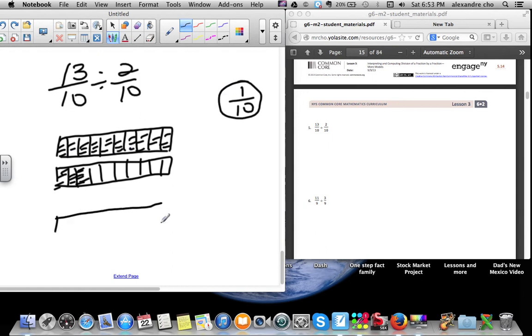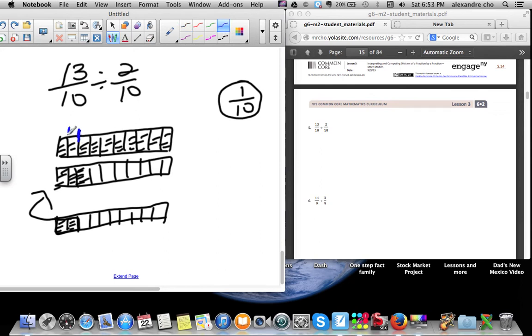And then you want to see how many times 2/10 fit in all the above. 1, 2, 3, 4, 5, 6, 7, 8, 9, 10. And 2/10 would be these two right here. So how many times can these two fit on top here? So it should be easy.